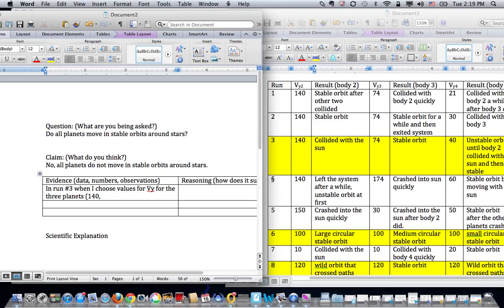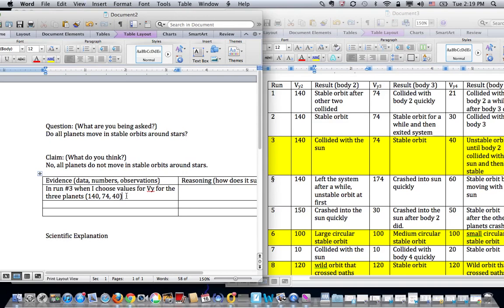I might just this time show the 3 values for the 3 planets. And that's planet 1, planet 2, planet 3, or body 2, body 3, body 4. I'll show you some other examples in the next evidence of another way to do it. But this way I'm just going to show this.